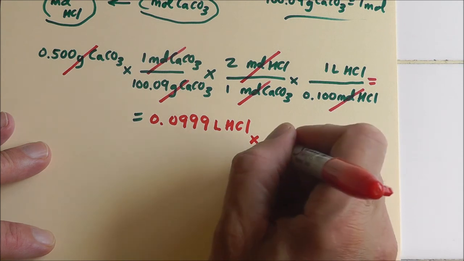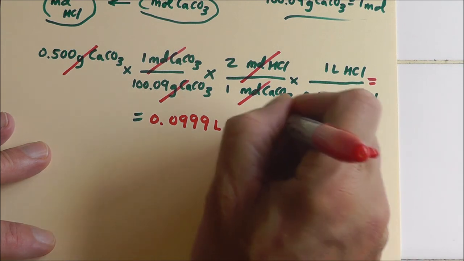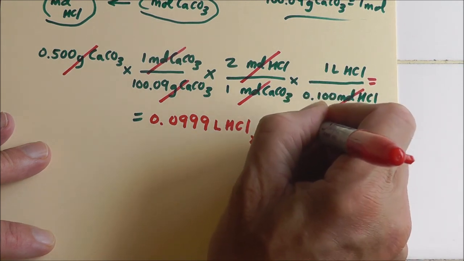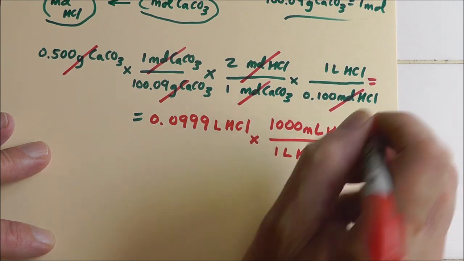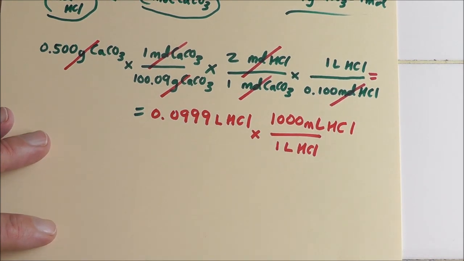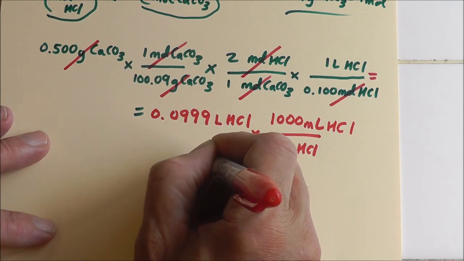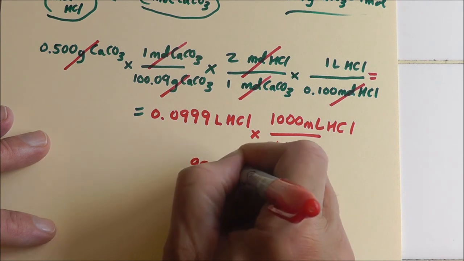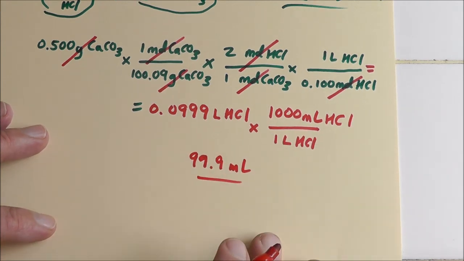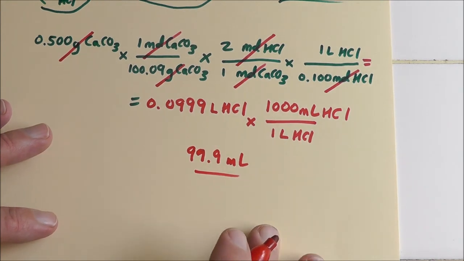One more trick here: 1 liter HCl is 1,000 milliliters HCl. That's what they wanted, so times 1,000 gives 99.99 milliliters. About 100 milliliters.